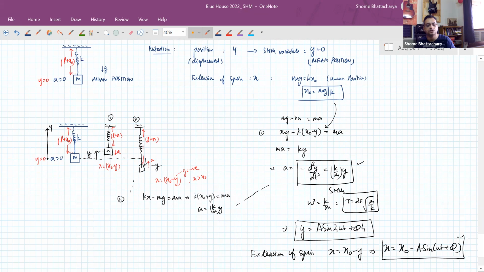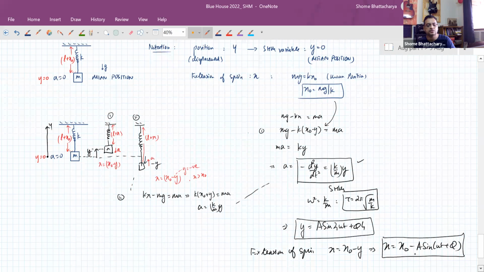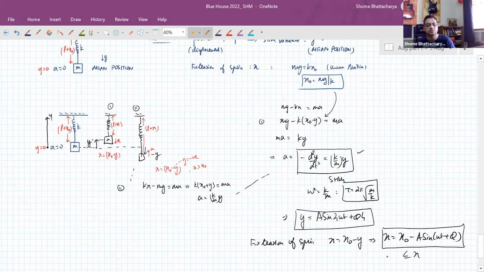So whatever the amplitude of the SHM, accordingly, the extension of the spring will have a minimum value of x naught minus A and a maximum value of x naught plus A. And if that minimum value is negative, that means it's in fact getting compressed. So this is the extension of the spring, whereas this is the SHM parameter.